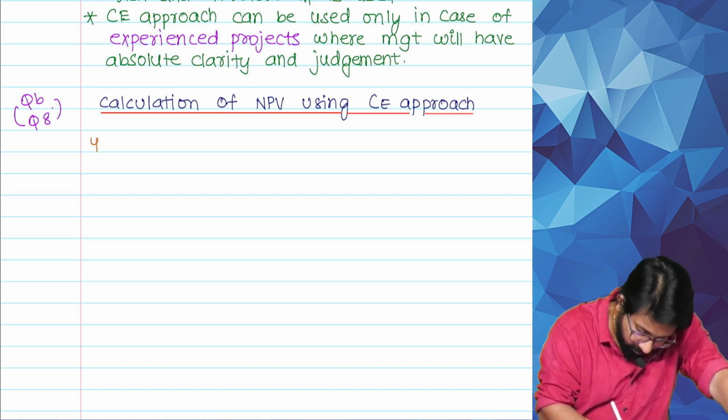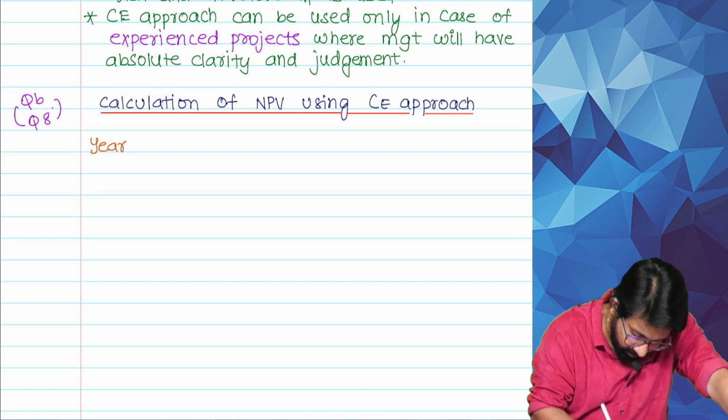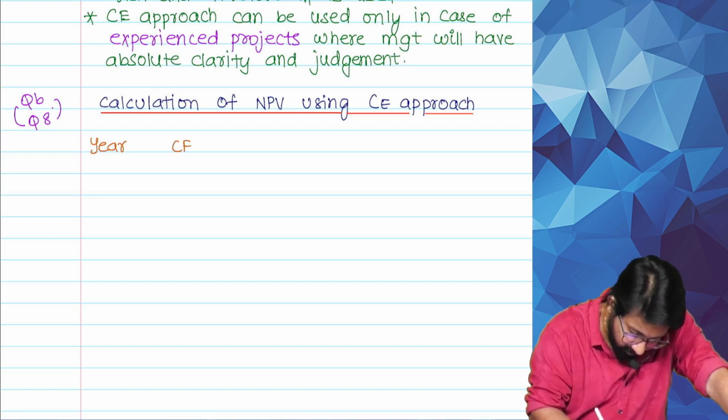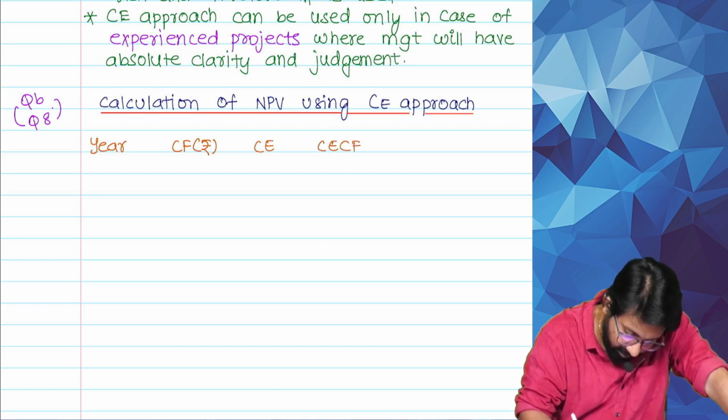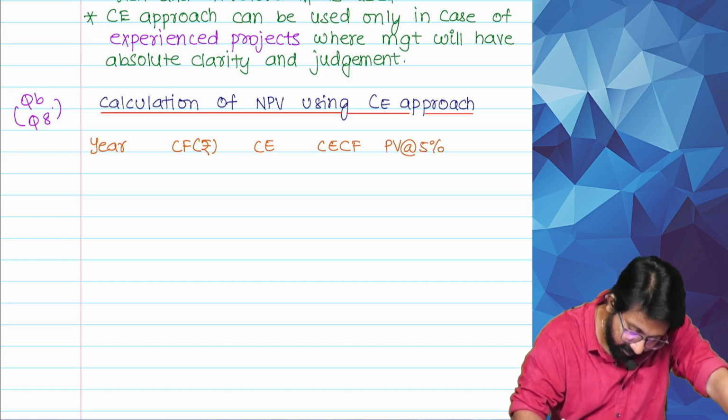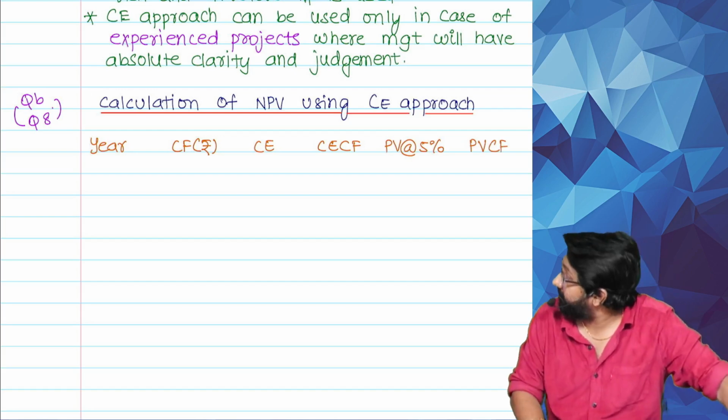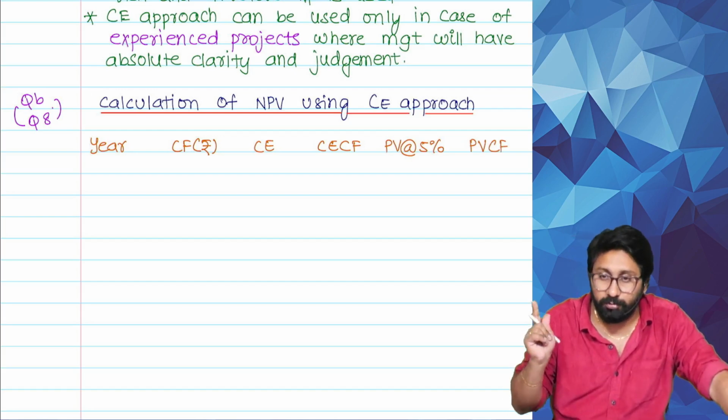Write down. Year, cash flow, certainty equivalent cash flow, PV at the rate of 5%, and finally PVCF. Did you understand what we are going to do?